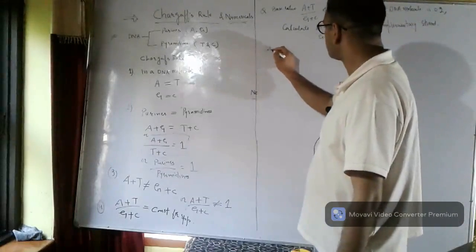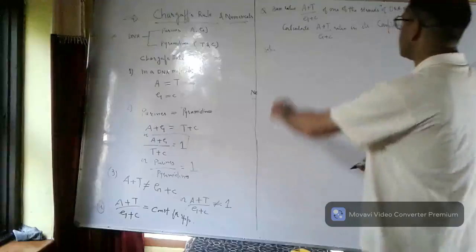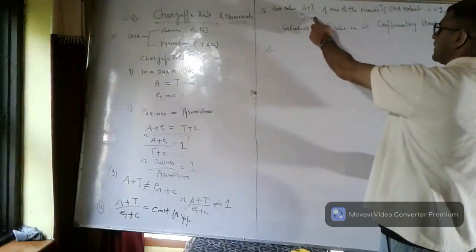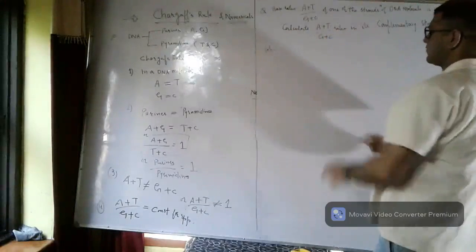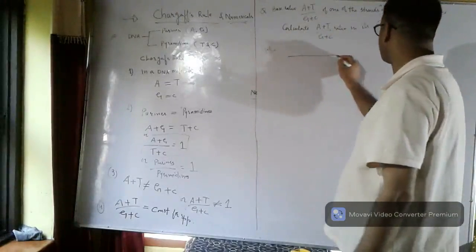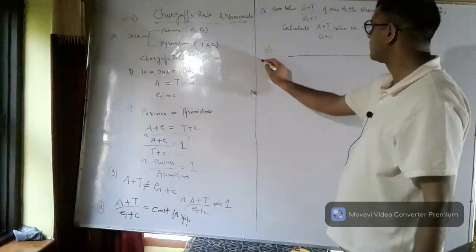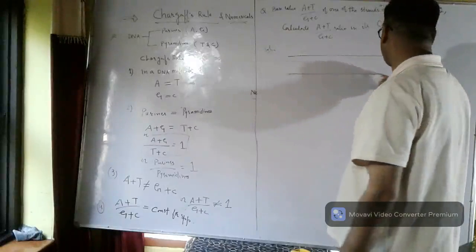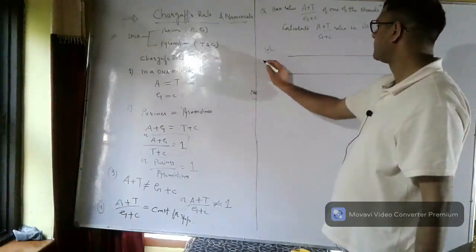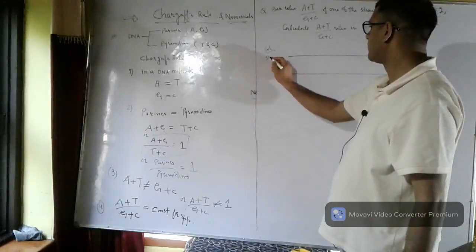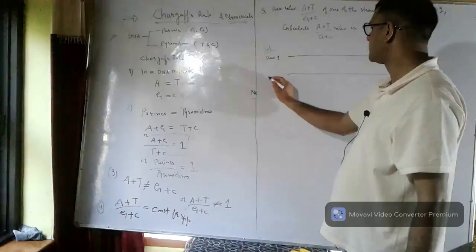Solution. So what is given? It is given that adenine plus thymine by guanine plus cytosine in one of the strands is given. We have 2 strands of the DNA. This is the DNA molecule, and this is the other strand of the DNA. This is strand first and this is strand second.